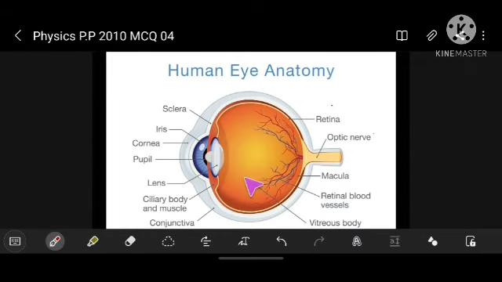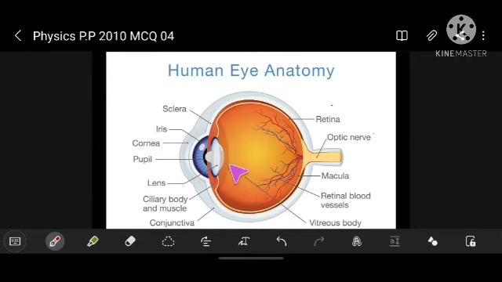When you focus on an object at infinity, the eye's focal length should increase. So the ciliary muscles relax, so your eye lens becomes thin.